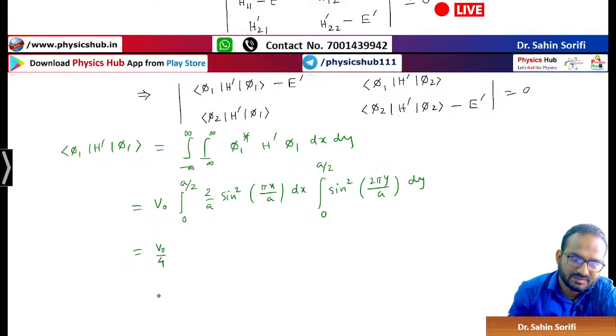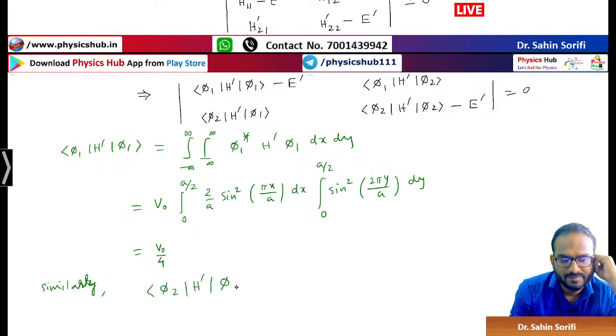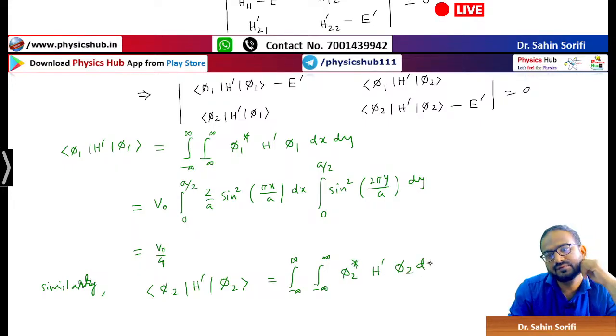In a similar fashion, if you calculate, let's say, phi 2 h prime phi 2, this will be minus infinity to plus infinity, phi 2 star h prime phi 2 dx dy.